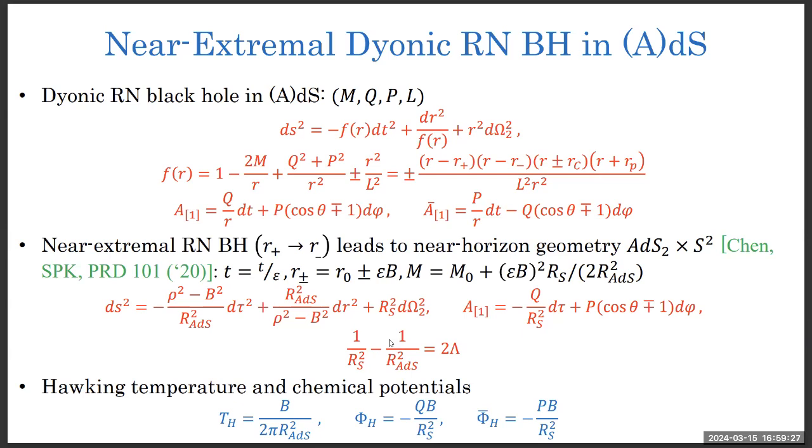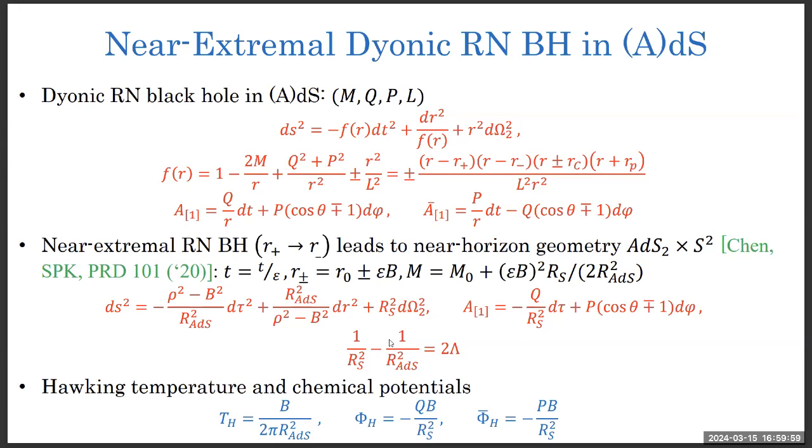That is what I mentioned in the theorem for near extremal static black holes and the corresponding geometry. Actually, here in dS and AdS space, we have two length scales. One is the black hole scale, the other is the AdS scale, just because of the AdS2 geometry.